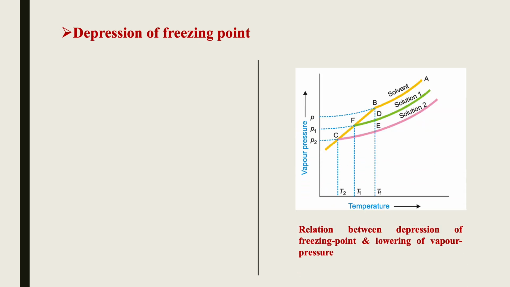So, on the right hand side, as you can see the graph, that is vapor pressure versus temperature, is shown here. This graph represents the relationship between depression of freezing point and lowering of vapor pressure. So they have plotted vapor pressure versus temperature.